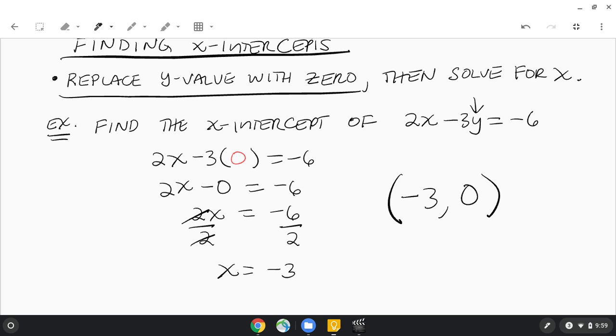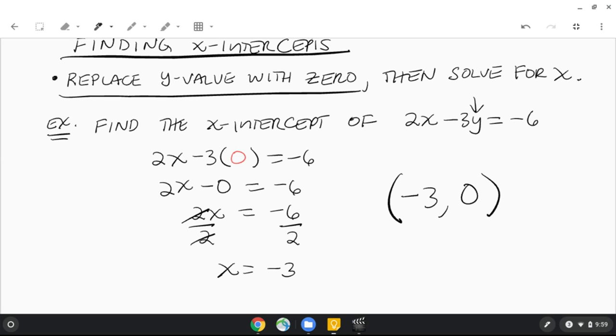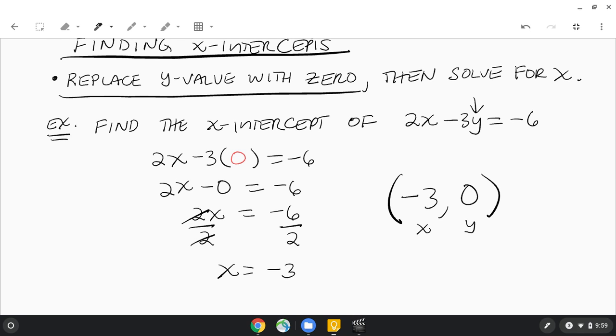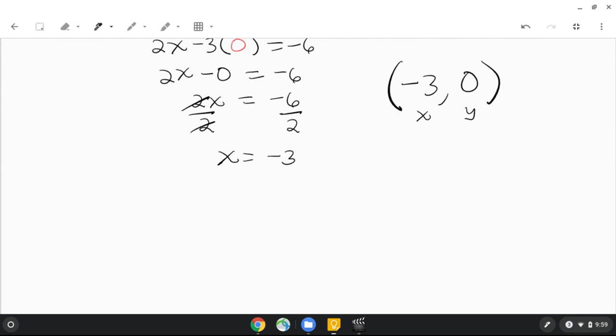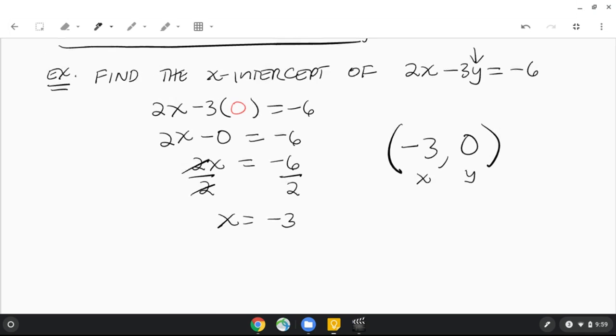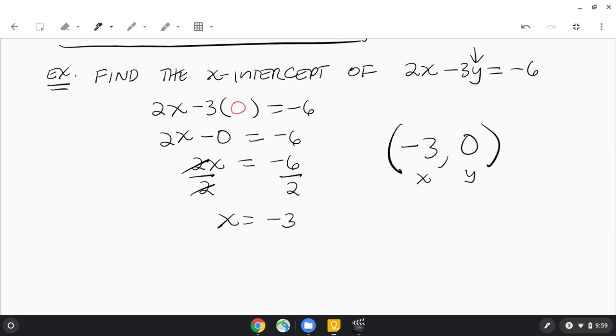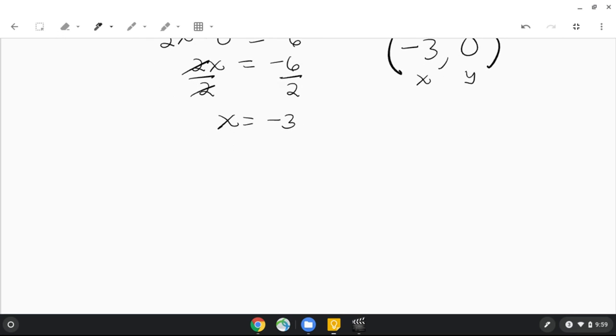The x value always goes first, and then the y value goes second. And that's basically how it works. Whenever you are trying to find the x-intercept, all you do is replace the y with 0 and solve for x. All right, let's take a look at the y-intercept.